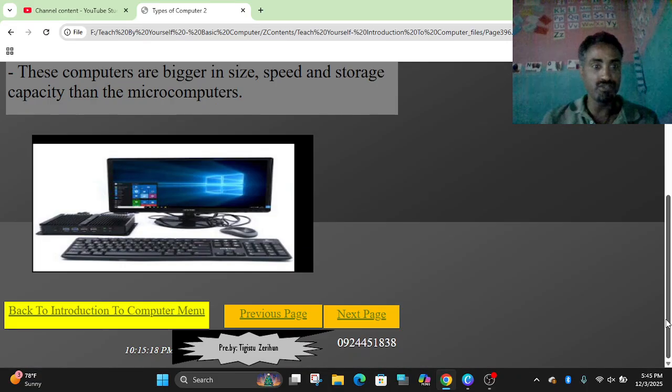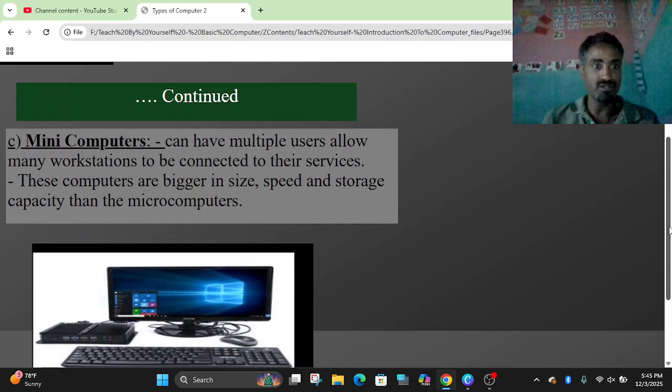The third is the minicomputer. It is larger than a microcomputer, but smaller than a mainframe computer. Minicomputers are sometimes called servers. Why do we say this type of computer is a server?